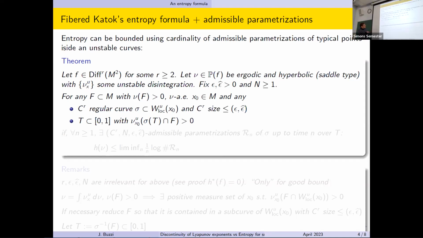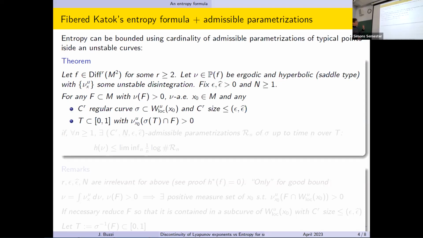Maybe you need to look at a small piece of the unstable manifold, but the property that we need is on the curve that we parameterize, this sigma, some set of parameters such that its intersection with the set that interests us, a set of good points where we have good estimates, like a fraction of neutral blocks, has positive measure on this fiber.